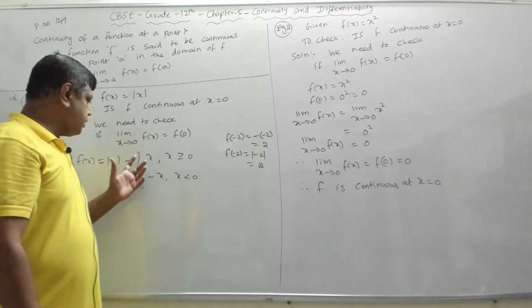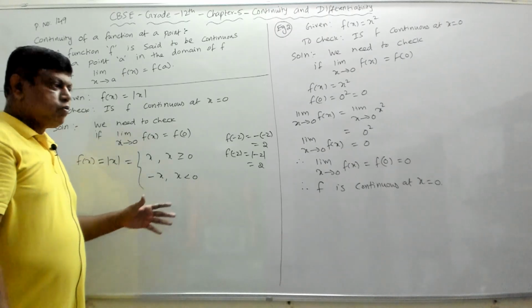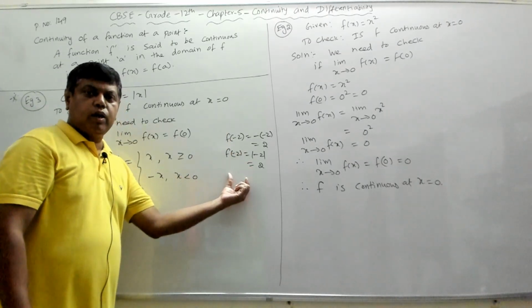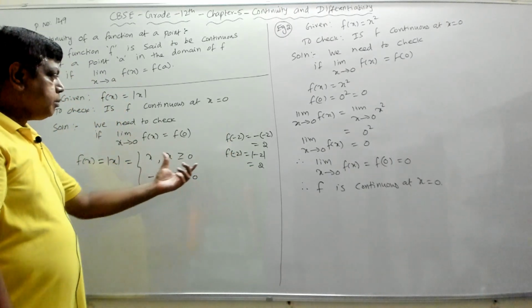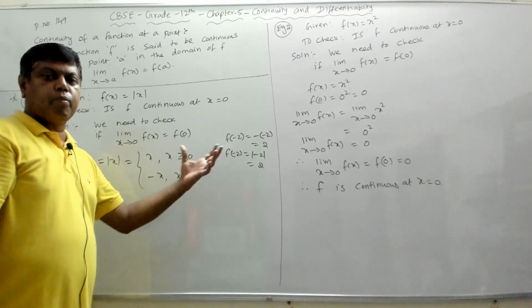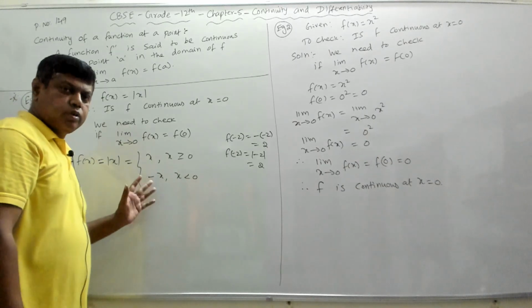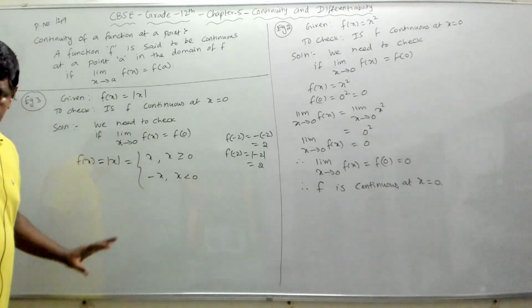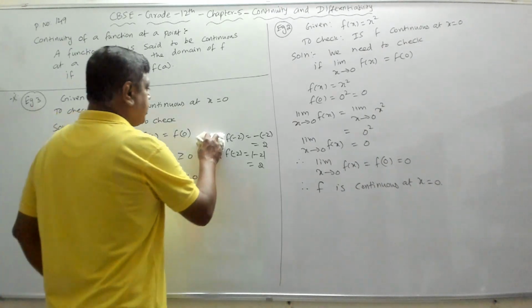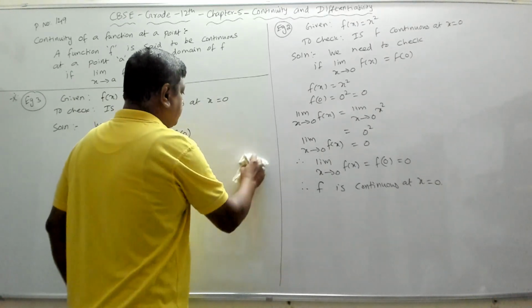So in either case you will get the same value. For any value, if you want to find the function value at any particular point, x equal to 3 or minus 3, both will return the same value. Both are equal functions, one and the same. So we'll use this definition of mod x to check the continuity of the function at x equal to 0.